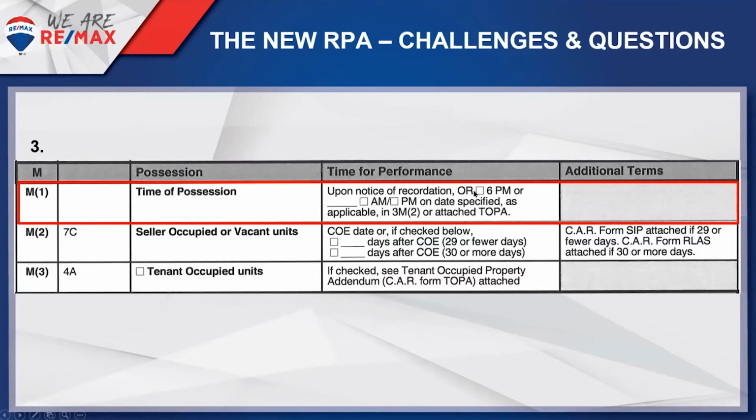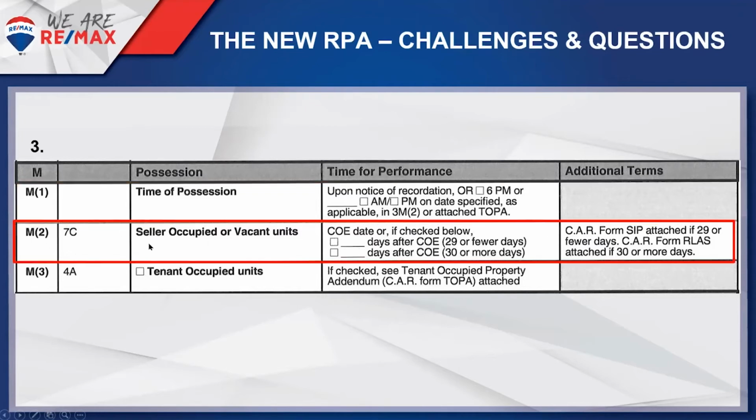The buyer wants to move in the second after they get confirmation, and the seller is waiting for confirmation before they move out. There's a bit of an overlap there. So, if you're not having a problem, then don't worry about it. But keep that in mind. That's something to consider. Or it can be at whatever time of the day subsequent to an attached SIP or RLAS.